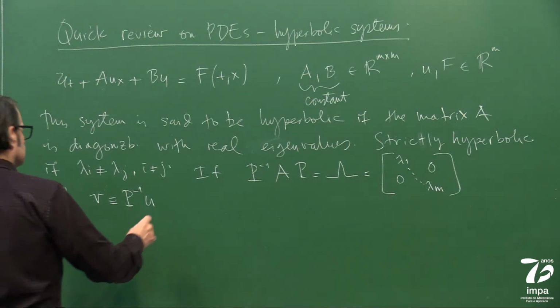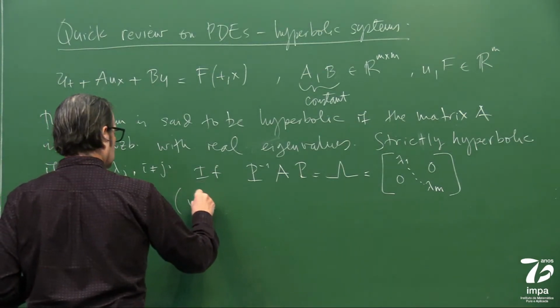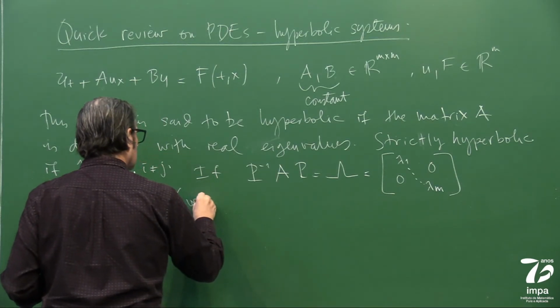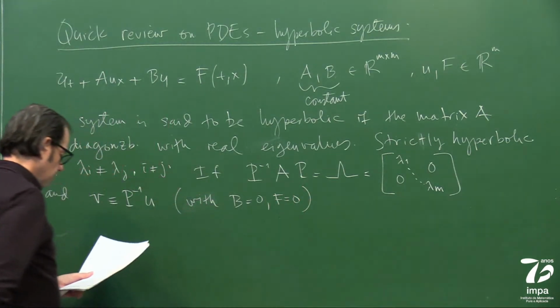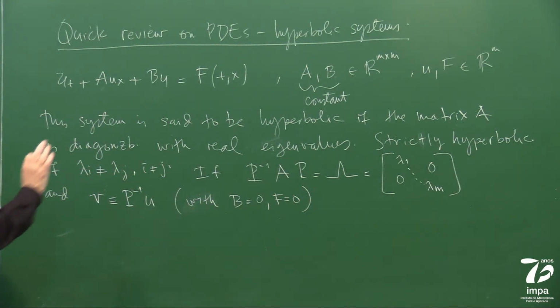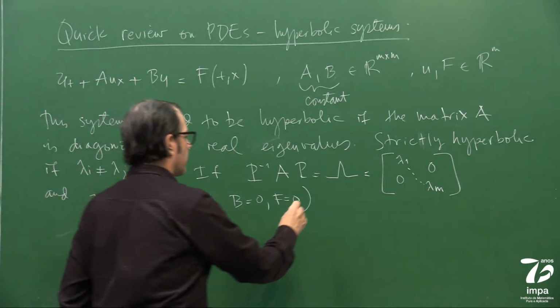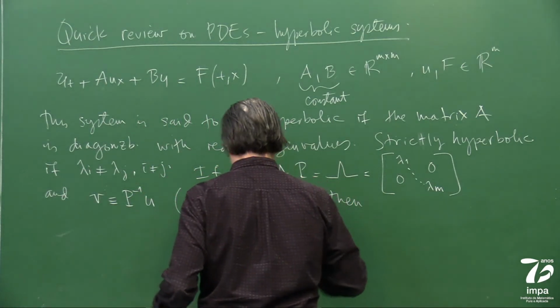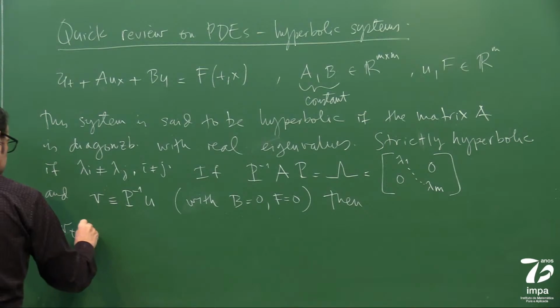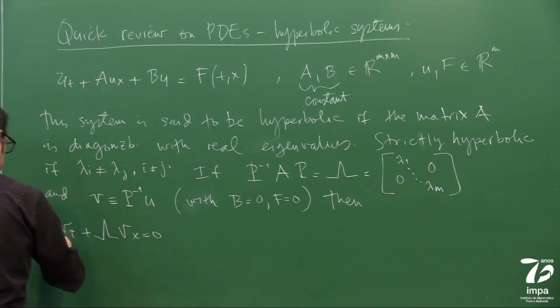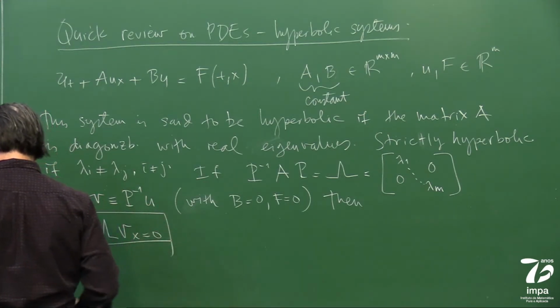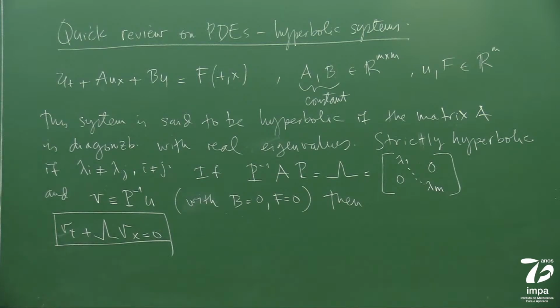And for simplicity for now, with B equal to 0, F equal to 0, just remove it for the time being, then V_t equals this.